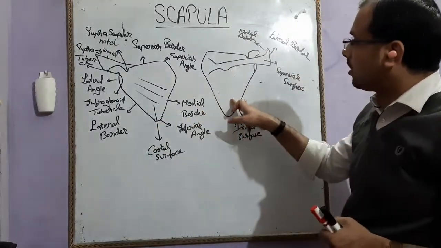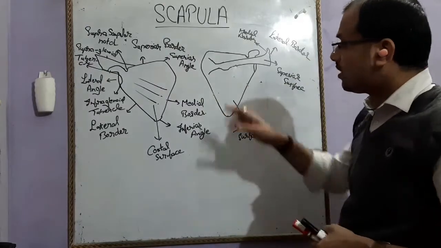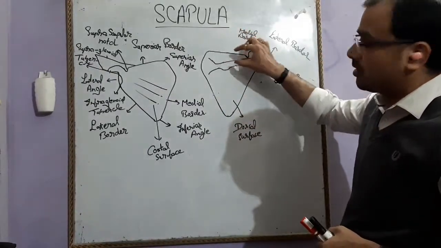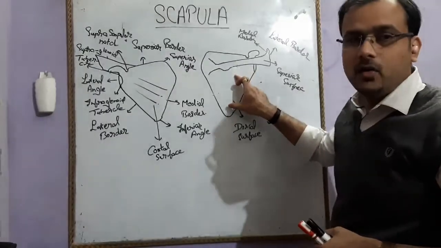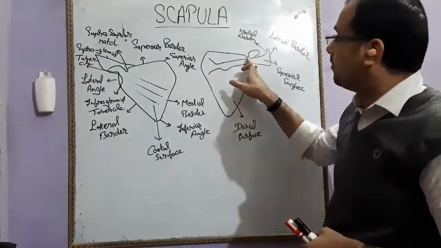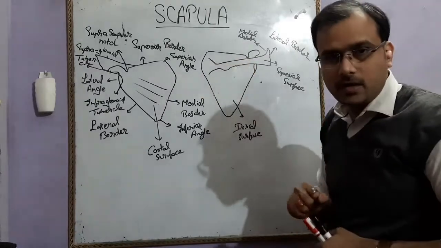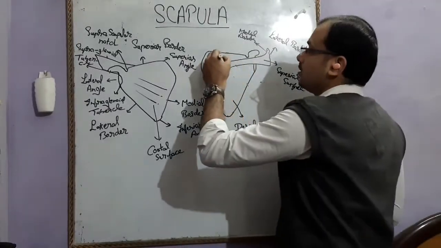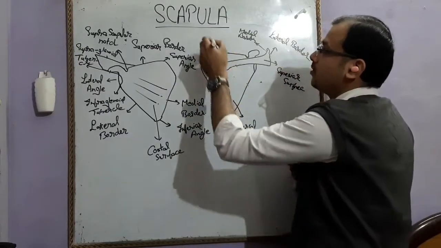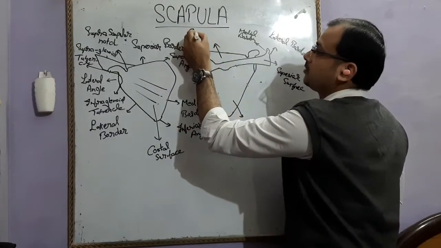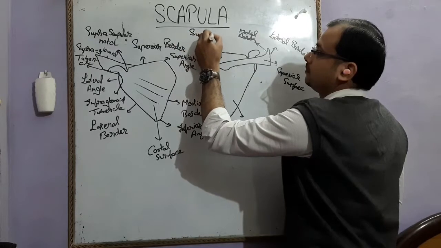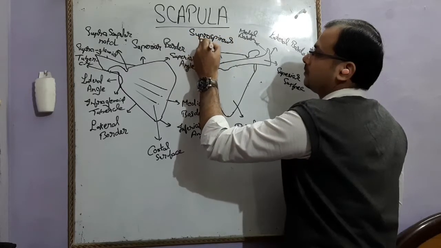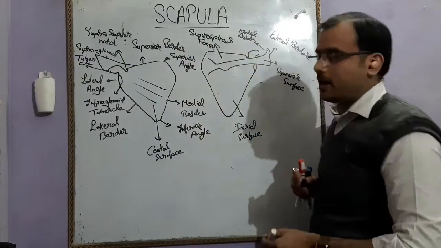On the dorsal surface of the scapula, the surface is divided into an upper smaller portion and a lower larger portion by the spinous process of the scapula. The upper smaller portion is known as the supraspinous fossa.